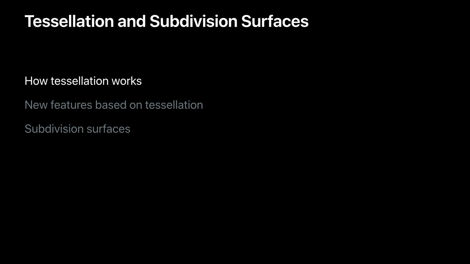So in this section, we will have a look at popular techniques that allow artists and you developers to work with low-resolution models that can become of high quality when rendered on the screen. So I will start by explaining what tessellation is and how it works. Then I will show you how you can leverage this in SceneKit. And finally, we will have a look at something a little different, subdivision surfaces.